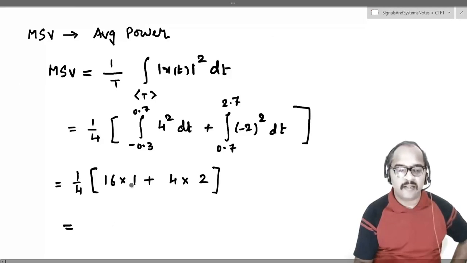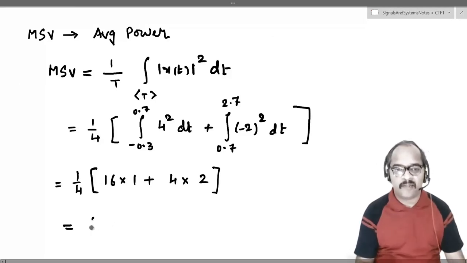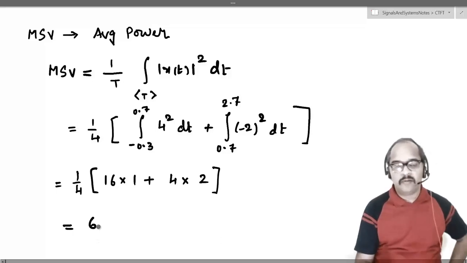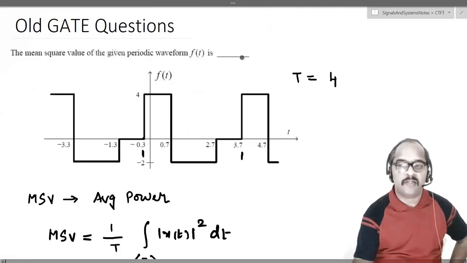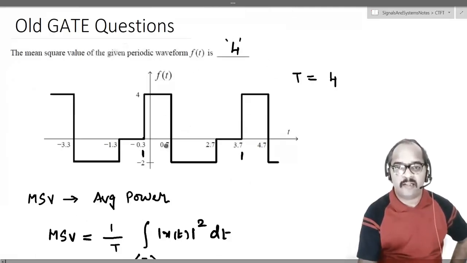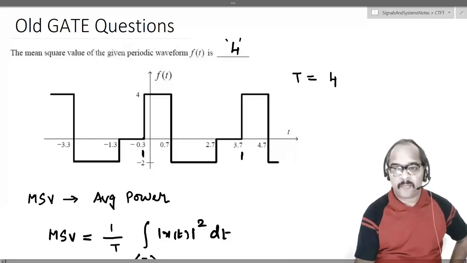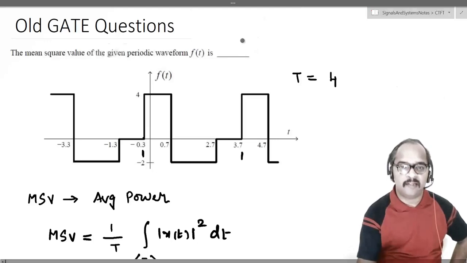Finally this is 16 plus 8, which is 24. 24 by 4 is 6. So the mean squared value of the given periodic signal is 6.